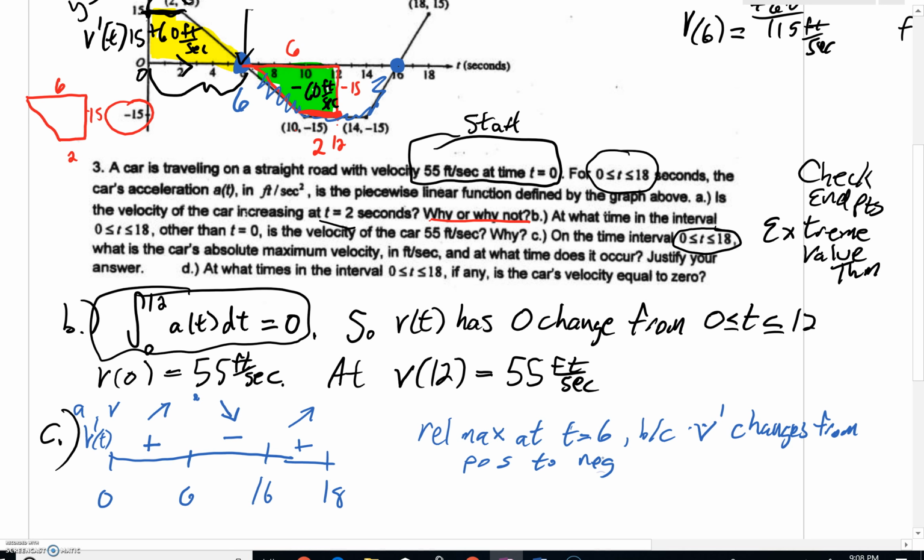And at 16, we've got a relative min at t equals 16. Why? Because v prime changes from negative to positive.